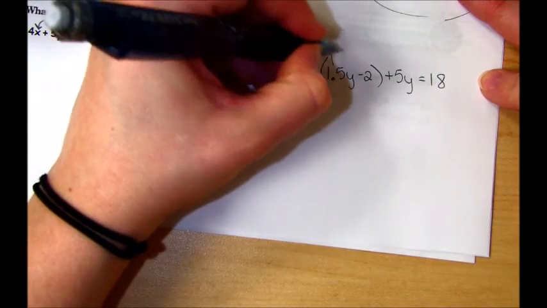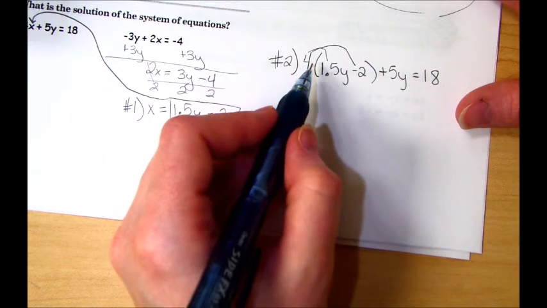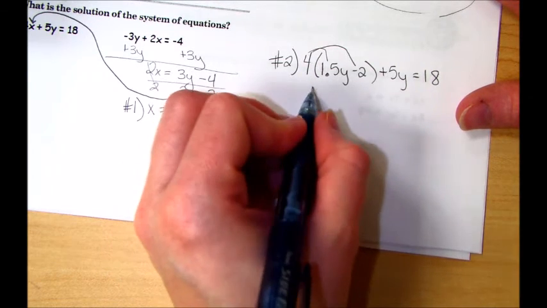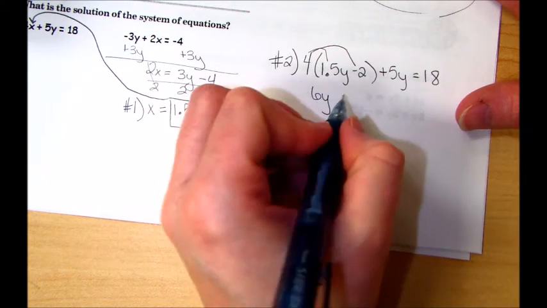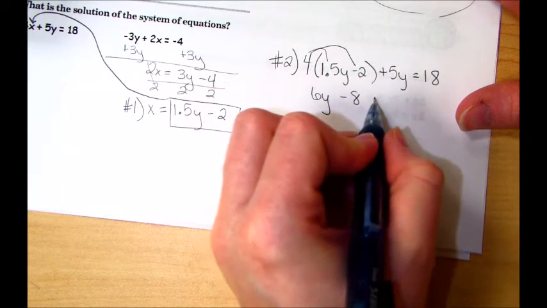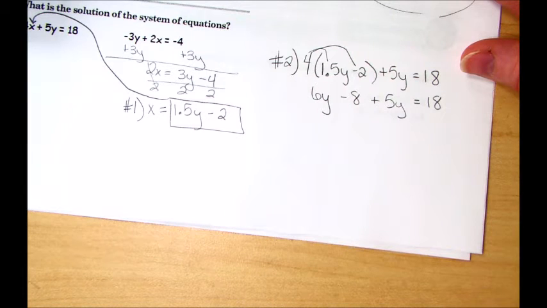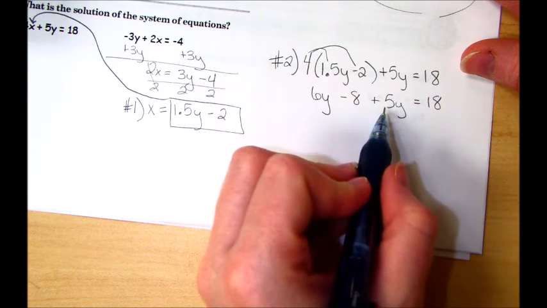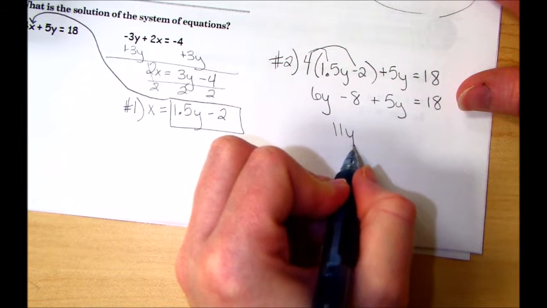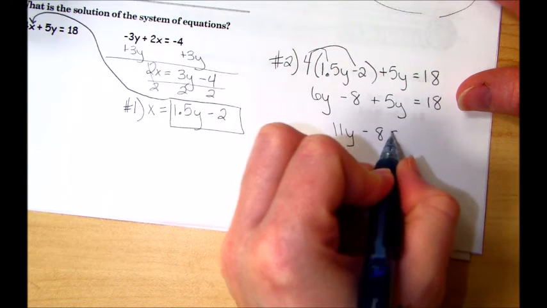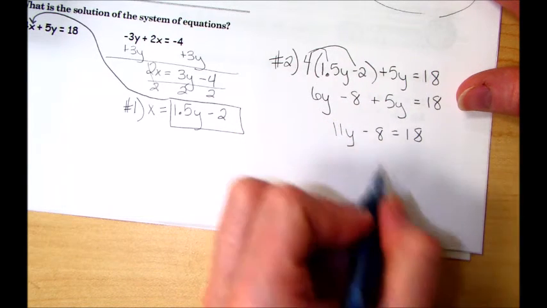Distribute in. 4 times 1.5 is 6y. Minus 8 plus 5y equals 18. 6y plus 5y, when we combine our like terms, is 11y minus 8 equals 18.